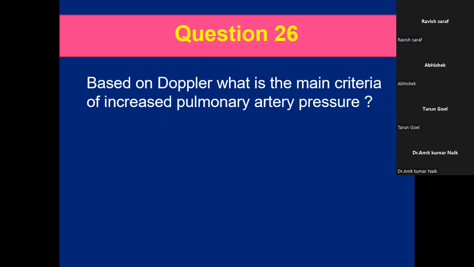Based on Doppler, what is the main criteria for increased pulmonary artery pressure? How do you derive pulmonary artery pressure from Doppler? We put the sample from the TR, sir. Perfect.